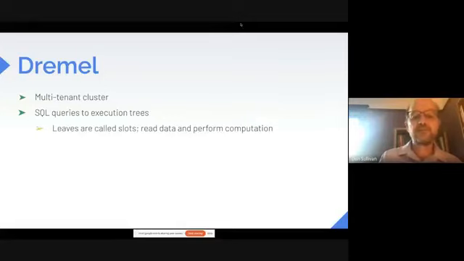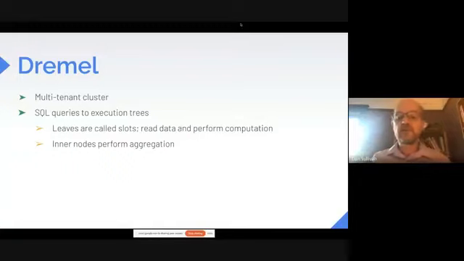Now, these trees, of course, have leaves, and the leaves of the execution trees are called slots. And slots are the compute resources that read data and perform basic computation. So you can think of slots as like a processor and some memory, but basically it's a computation unit that can do the work and has network access and things like that. Now, the inner nodes in the tree perform aggregation.